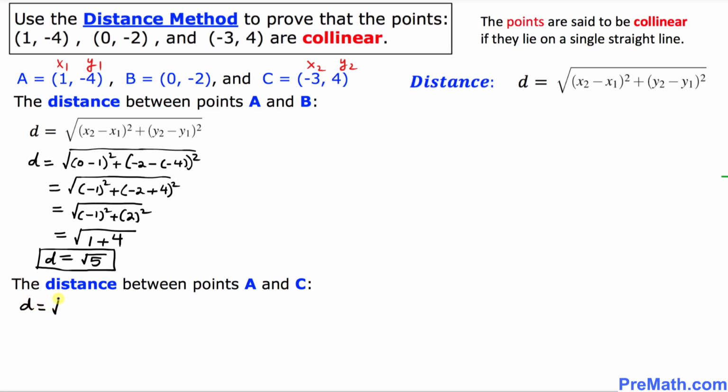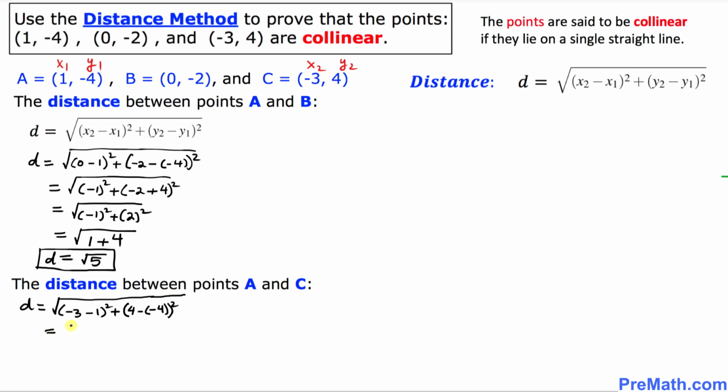So I'm going to put down x2, in our case, is -3 minus x1 which is 1, squared, plus y2, in our case, is 4 minus y1 which is -4, and everything is squared. Let's simplify further.